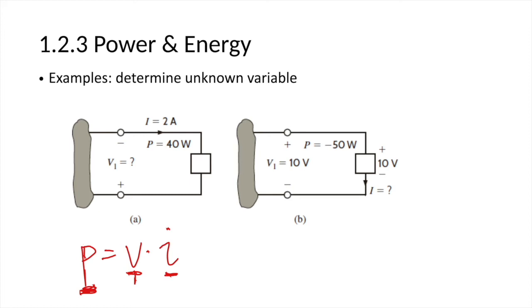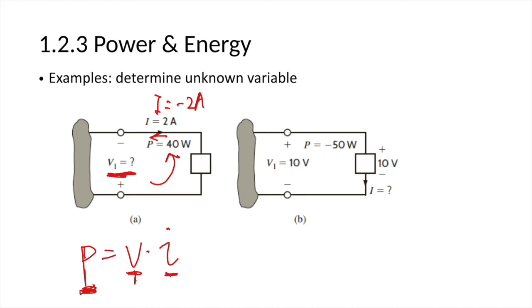Let's take a look. For example, here we need to calculate V, right? And of course, it does not match the passive sign convention, because with the passive sign convention the current is flowing counterclockwise, but here it is clockwise. So we reverse the direction, and I becomes negative. And we know P is 40.